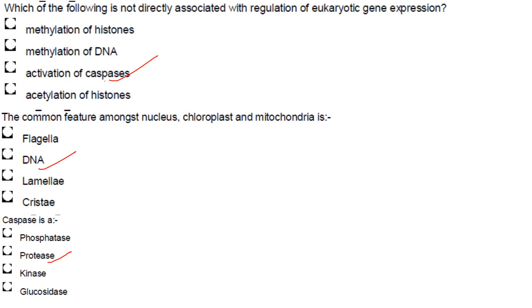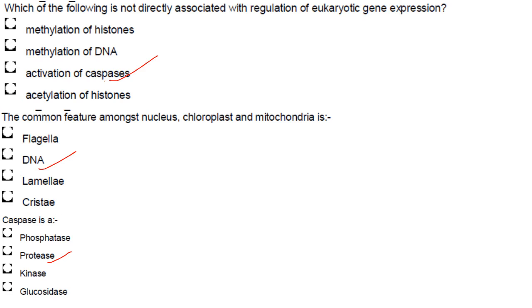Methylation of histones also results in non-production of proteins, like methylation of DNA. Then acetylation of histones has been correlated with transcriptionally active chromatin in a wide variety of cell types. So acetylation of histones will result in an increase in transcription.